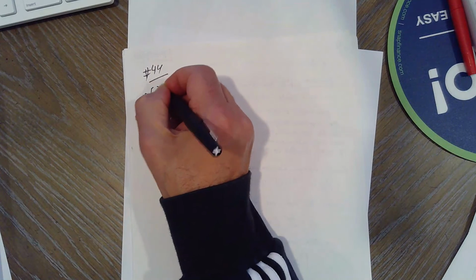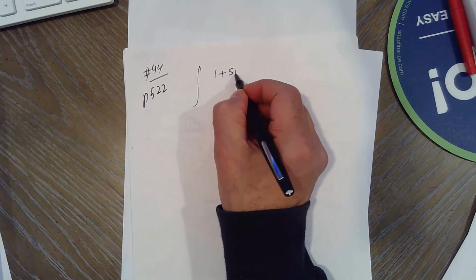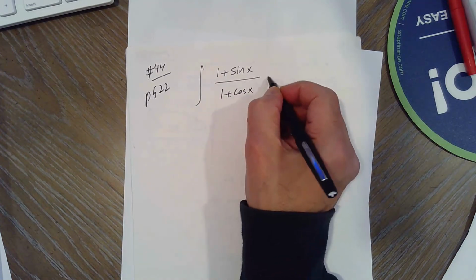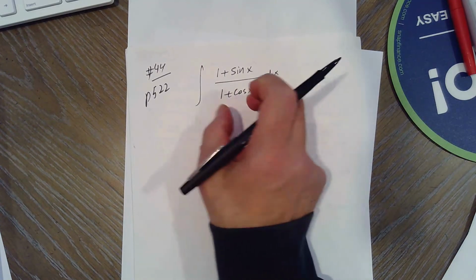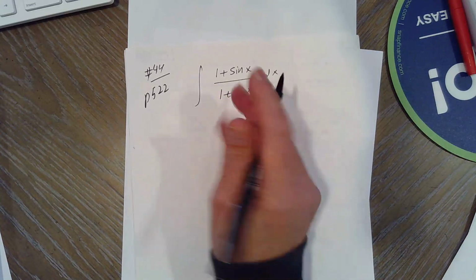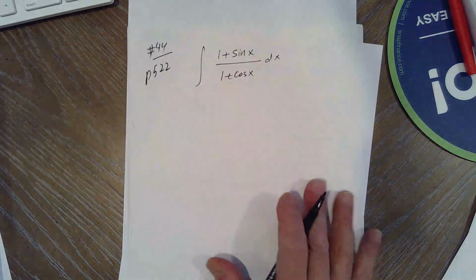Number 44, page 522. The integral of 1 plus sine x over 1 plus cosine x dx. So once I have a fraction with two terms at the bottom and it's not clear what I need to do, I would use the conjugate.